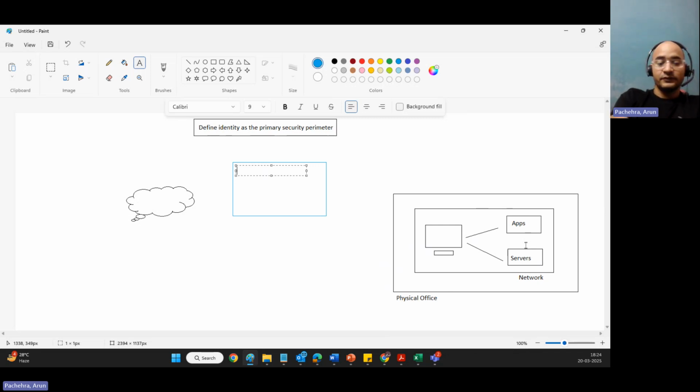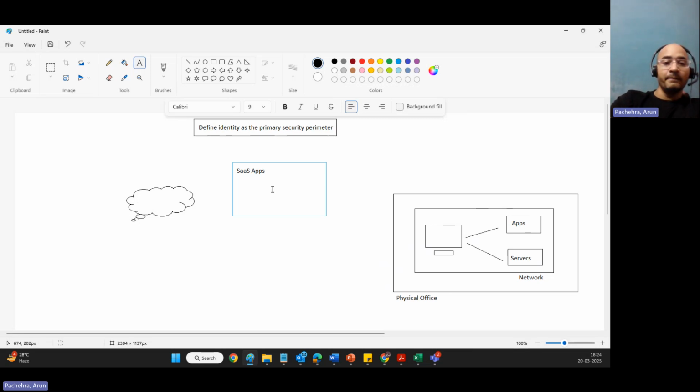Like Salesforce. So all the SaaS applications are not hosted in your physical location. They are external, they are on the cloud. Somebody else is managing those, and we talked about the shared responsibility model.